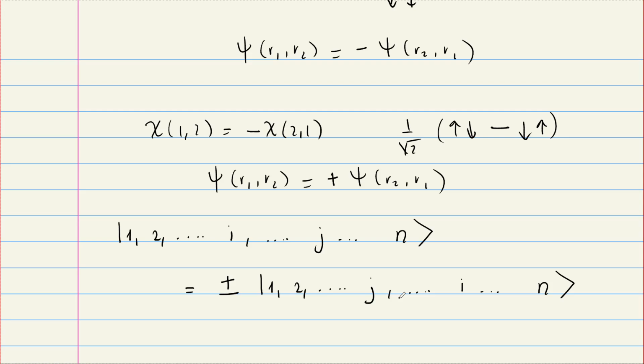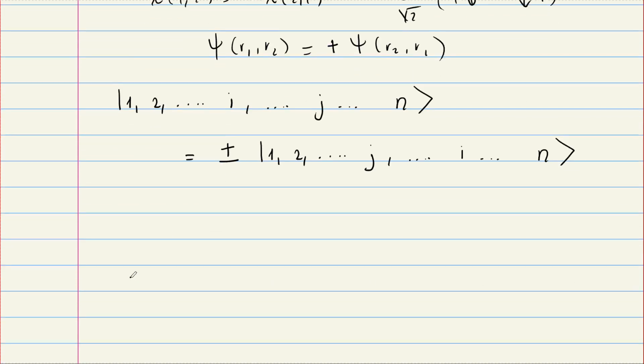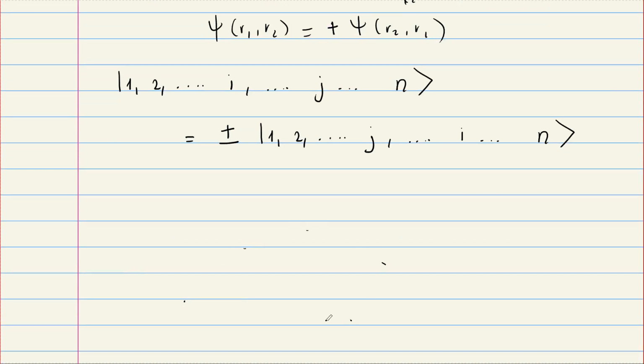Good? Yes? Can you explain again why we changed the places of j and i? Because I have a bunch of electrons. Of course this is a classical picture, and I need to have indistinguishability. Indistinguishability says I have particle i here and particle j here, and if I exchange these two, I need this symmetry requirement.